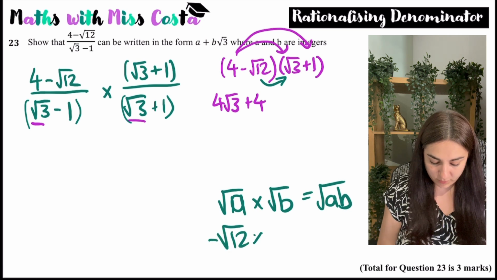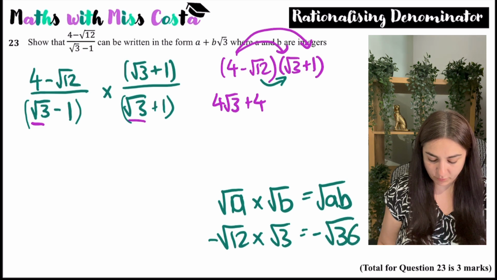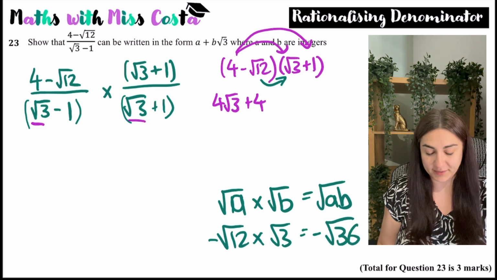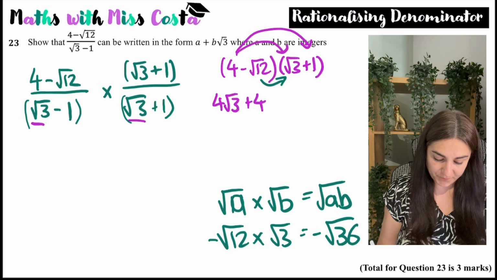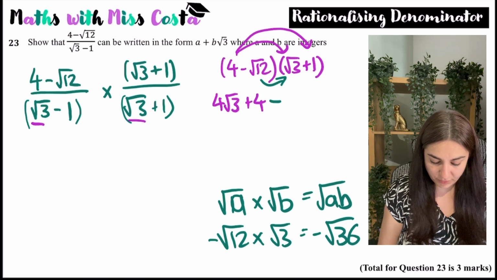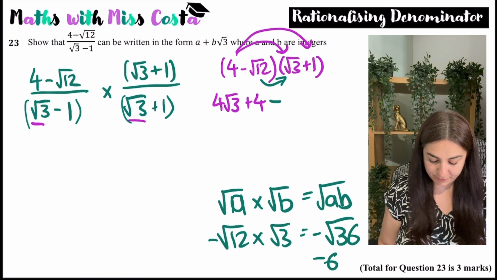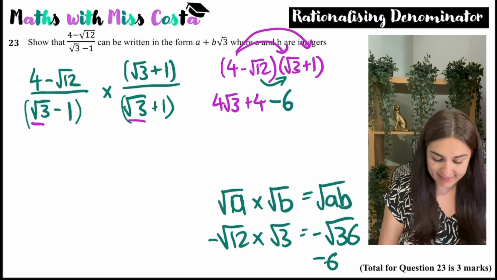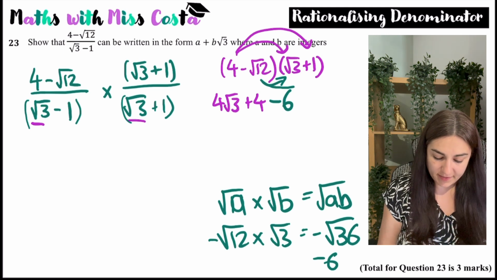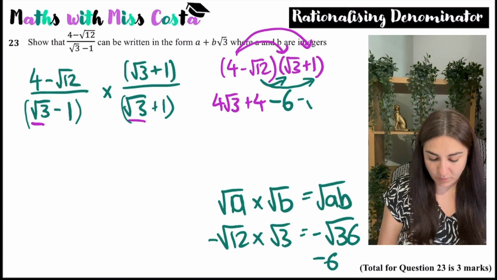So root 12, or negative root 12, times by root 3 is going to be negative root 36. 12 times 3 is 36. So negative root 12 times by negative root 3 is going to be minus 6. Then I do negative root 12 times by 1, which is just negative root 12.